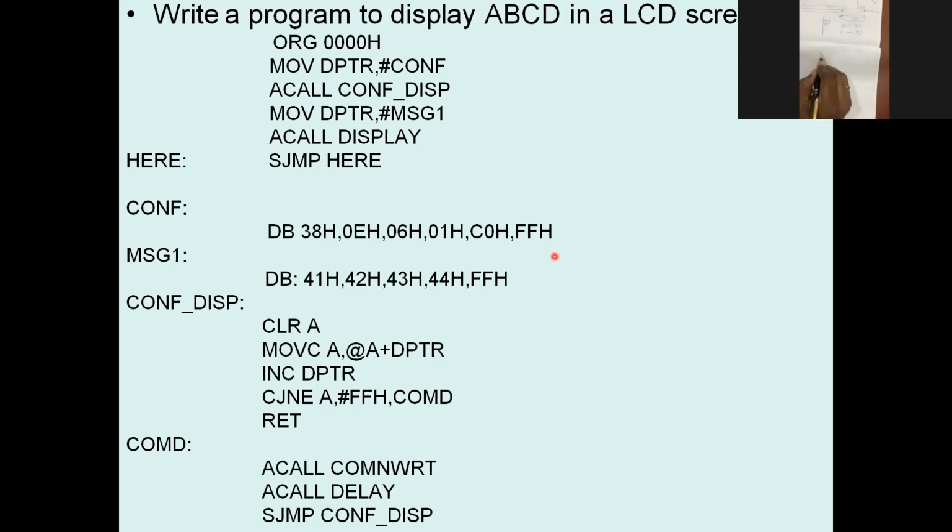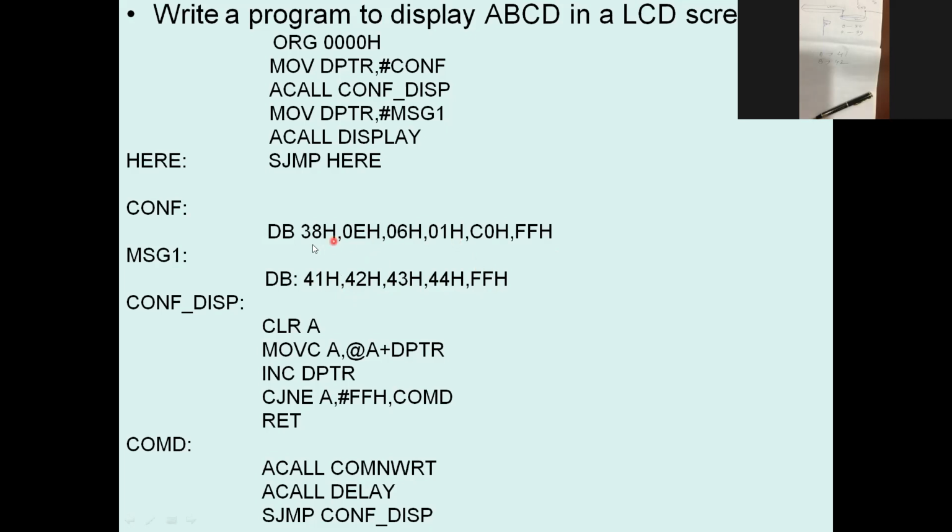And A is nothing but 41. B is nothing but 42. So always in LCD we give the ASCII code. That's why you see 41, 42, 43, 44. A, B, C, D will be displayed. And the last will be FF.